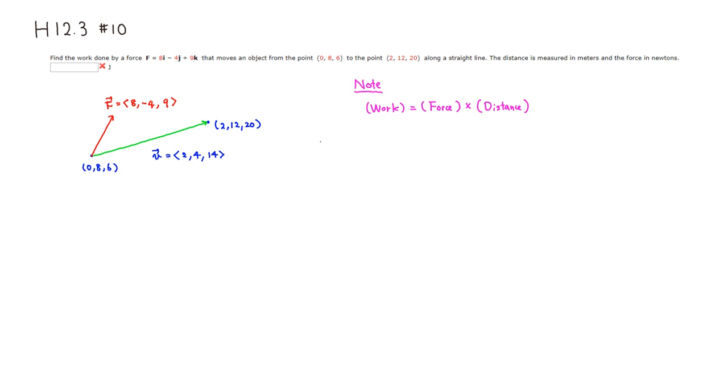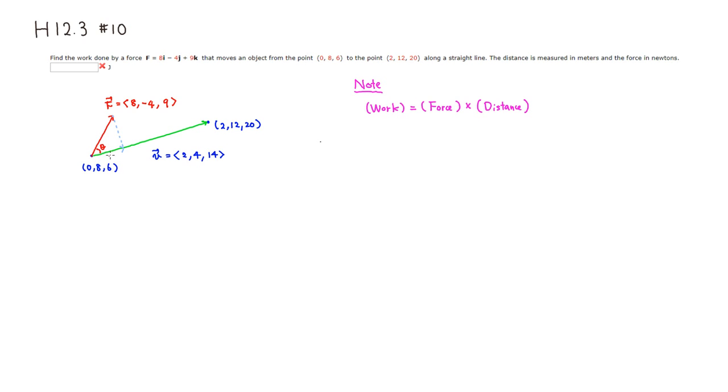Since the force is not parallel to the path, we have to look at the component of this force. We take the component by just coming down. Let's say this is the angle theta.